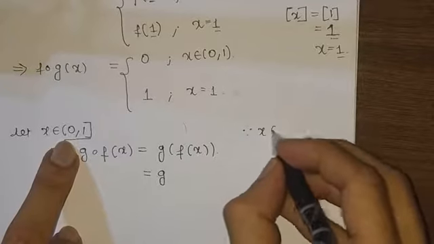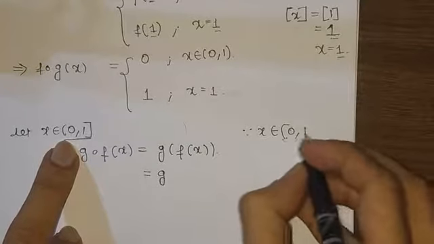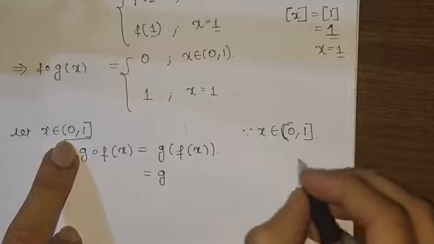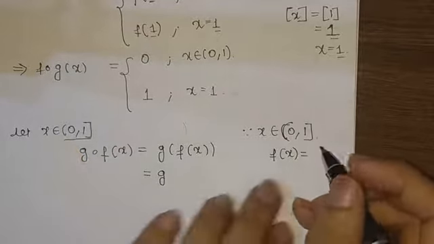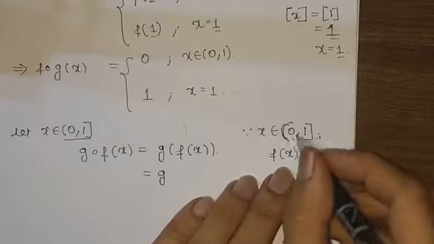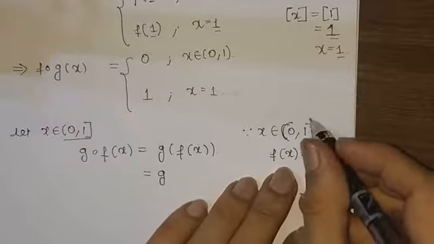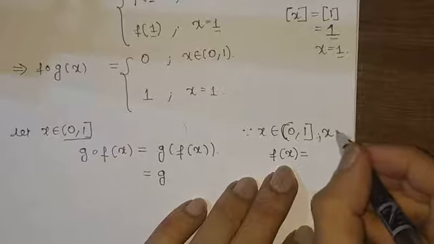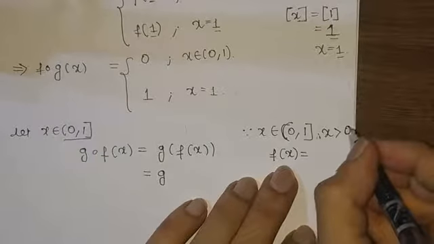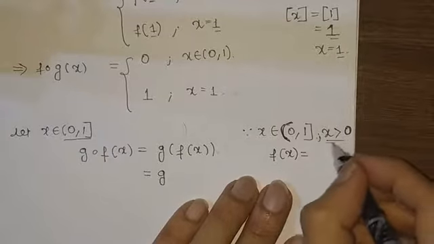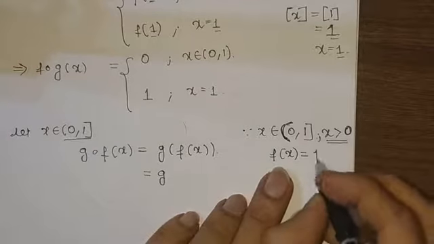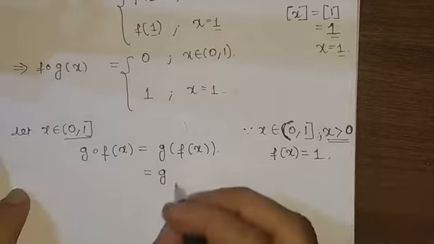Since x belongs to open 0, 1 closed, what will be f of x? F of x will be 1 here. Why? X belongs to open 0 comma 1 closed means x is greater than 0. X is not 0 because open 0 is there. So x is greater than 0, that means f of x will be 1, right? So this is 1.